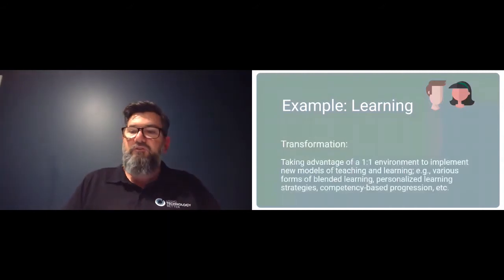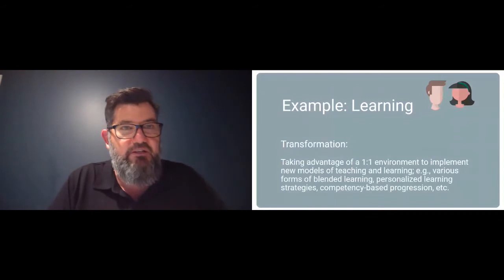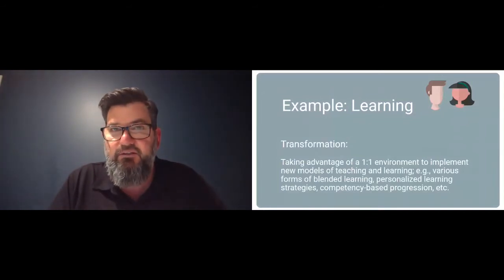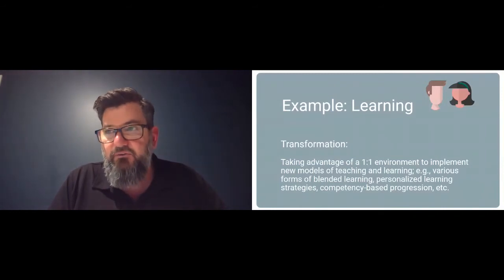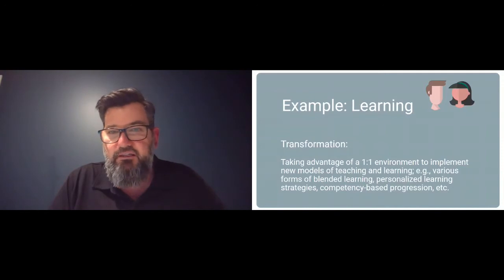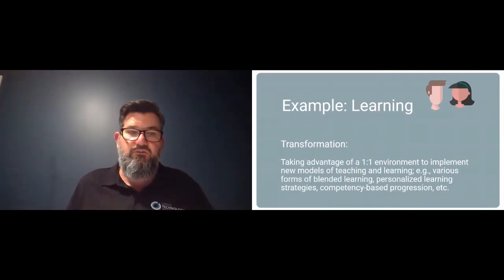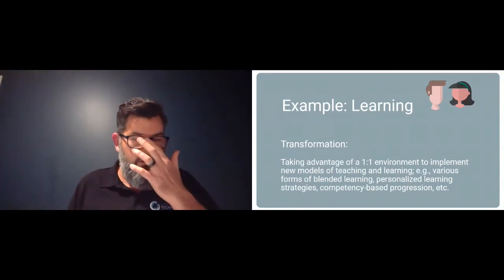Now, if you combine this with the building a culture of innovation session that I just ran, and if you didn't sit in that one, don't worry, you can grab the recording. One of the things we talk about is how do we give more agency around what learning could look like in the classroom. And so maybe we give our teachers the opportunity to look at blended learning, personalized learning, competency-based progressions.